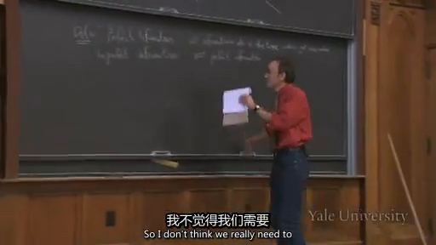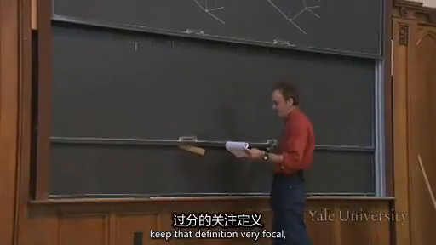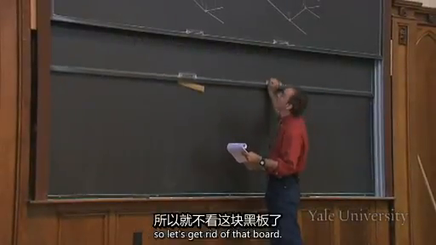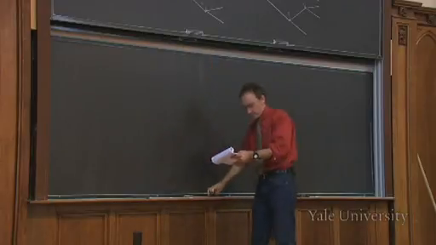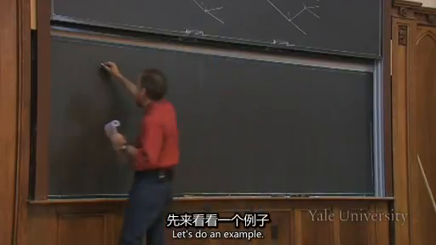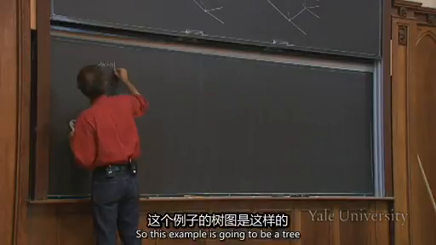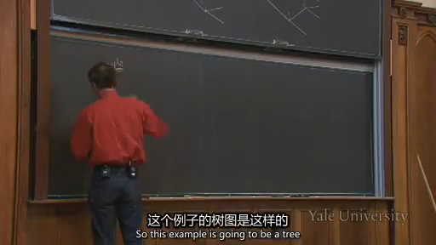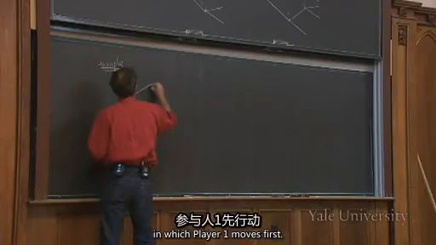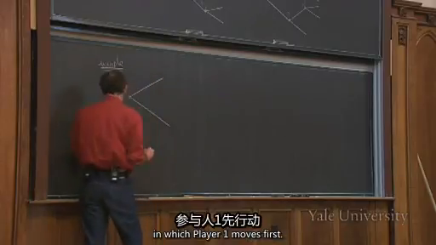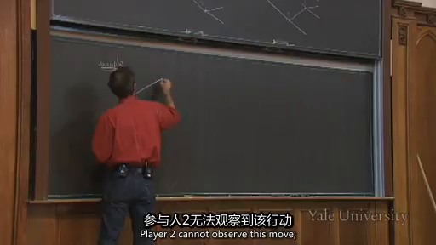All right, so I don't think we really need to keep that definition very focal, so let's get rid of that board. All right, let's do an example. There are many examples today. All right, so this example is going to be a tree in which player 1 moves first.